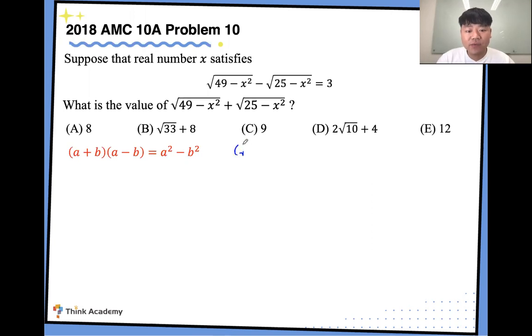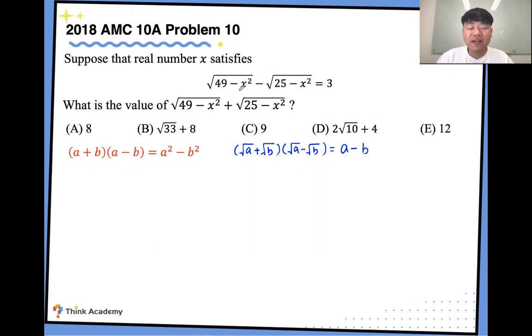If we have square root of a plus square root of b, which is a sum, times square root of a minus square root of b, which is a difference, the result is going to be the difference of the squares. So the square of square root of a is a itself, and minus the square of square root of b is b itself. So we have a minus b. In this way, we can get rid of the radical symbol by using the radical conjugate.